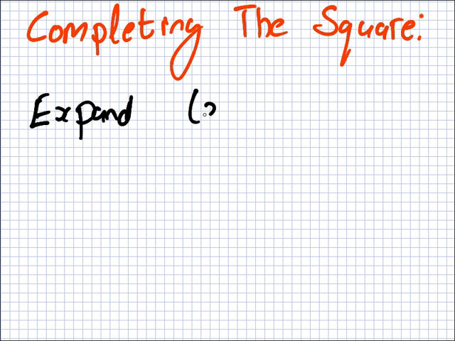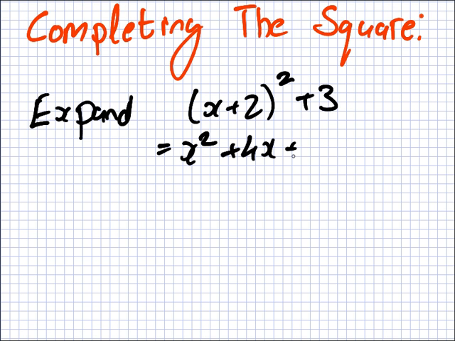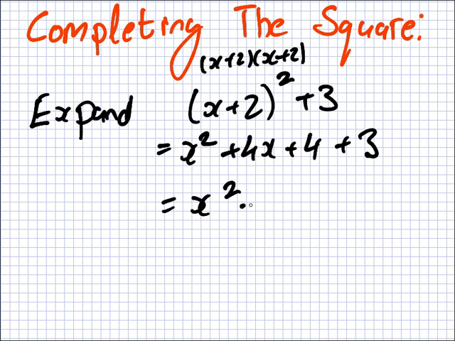Expand x plus 2 squared plus 3. So that would be x squared plus 4x plus 4. And if you're not happy with that, you know how to multiply it out. It's x plus 2 times x plus 2. You multiply it out, you get x squared plus 4x plus 4 plus 3. So you end up with x squared plus 4x plus 7.